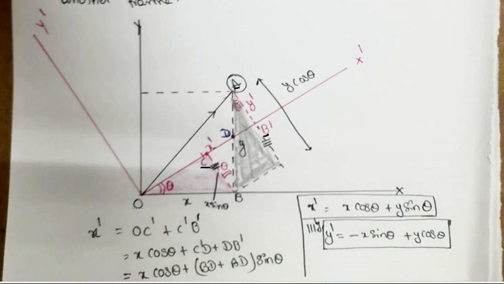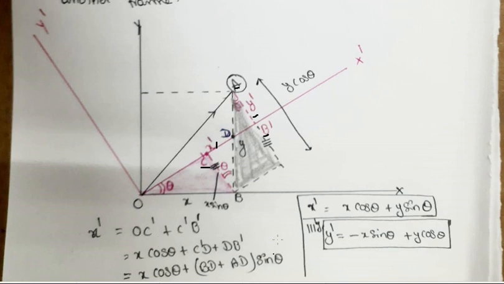So OB can be considered as x, OB dash as x dash, BA as y, and B dash A as y dash.